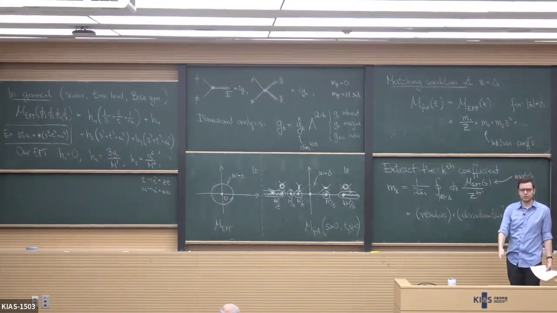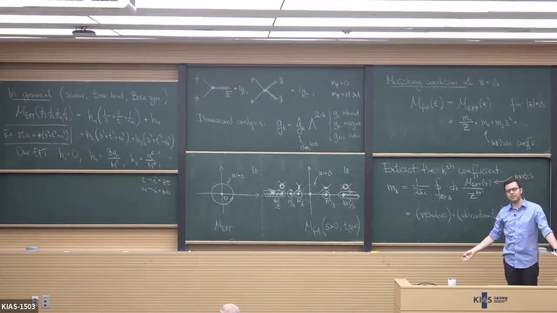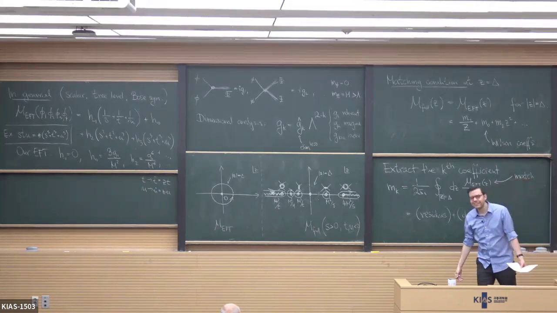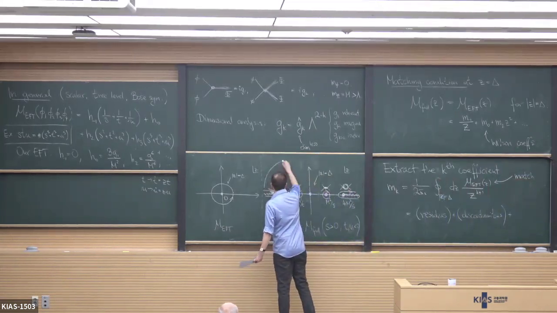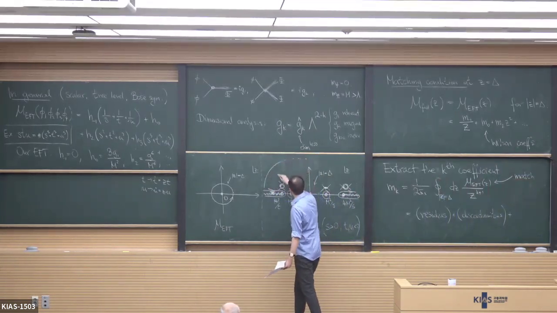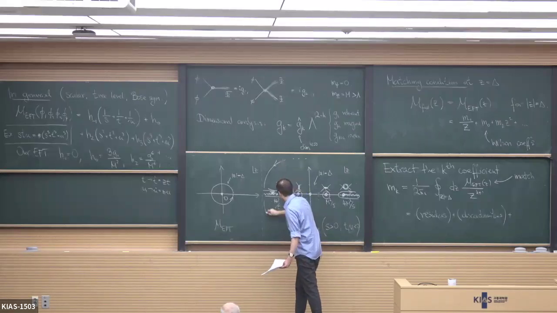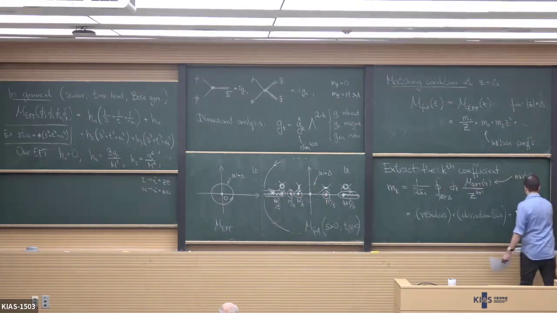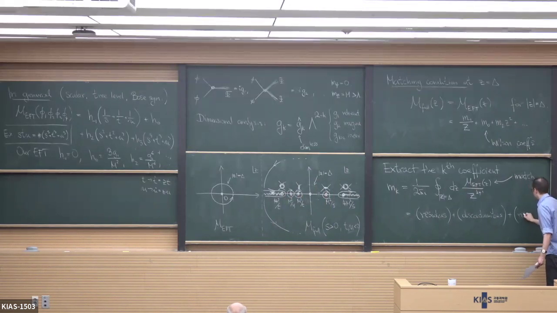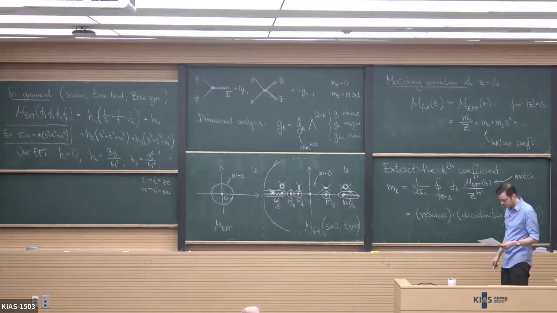Someone's going to point out that I forgot about the contribution from infinity, which has this orientation. So let me write it here, plus residue at infinity. I'm going to come back to the residue at infinity in a second.